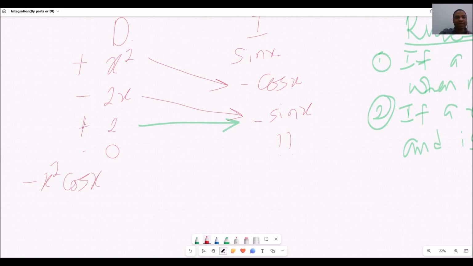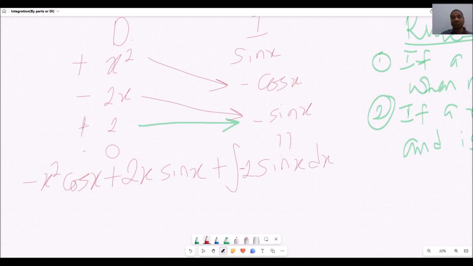Then multiply, that will be plus 2x sine x. Then remember, I'm using the minus from minus 2x, and that's why it is plus. Then plus the integral of minus 2 sine x dx.